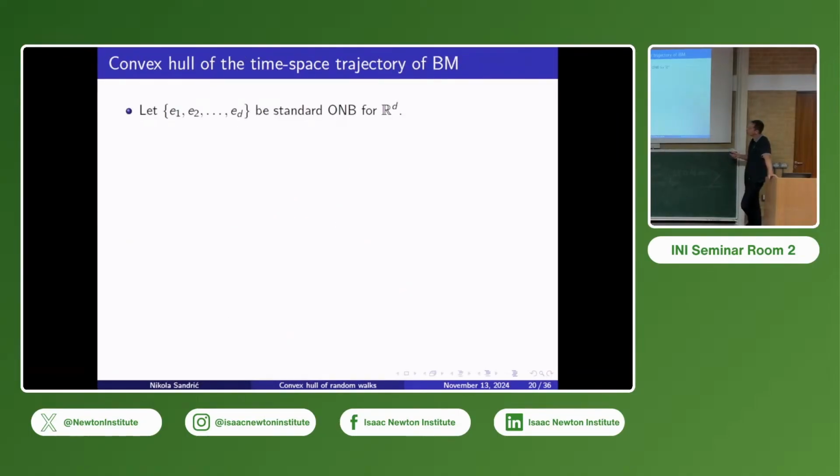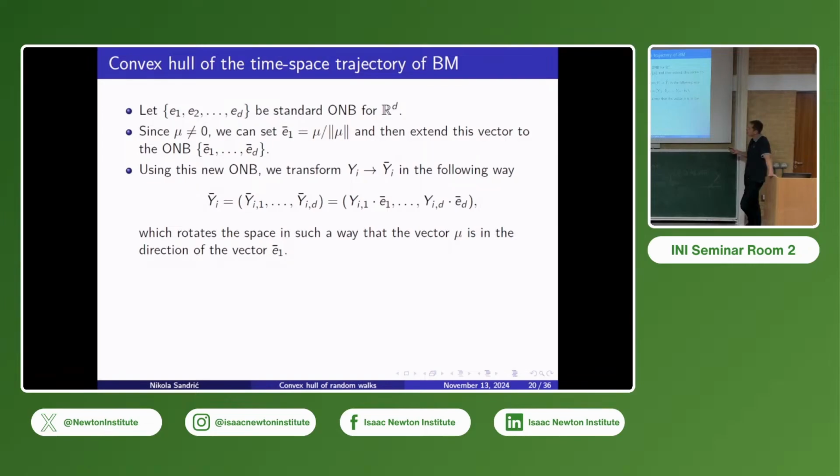Okay, so E will be our standard orthonormal basis. Now we will make a rotation of our basis. We will define the E bar basis in a way that E1 is just the direction of the drift, and the rest, of course, is just an orthonormal basis. And then we will make a rotation of our walk. We will make a rotation of the jumps in this way.